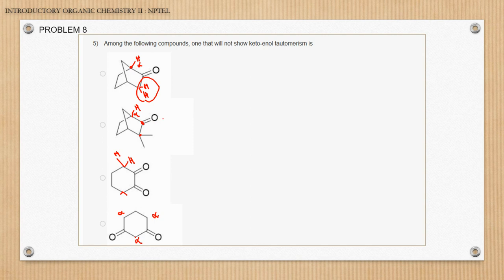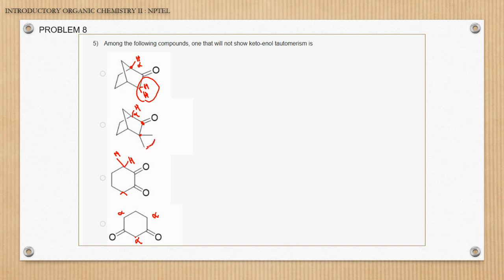Why is it not showing? Can anyone tell me why? Planarity. Okay. So as we can say, in options A and B there is only a difference in the presence of these alpha hydrogens, whereas in this case they have two methyls present, right?